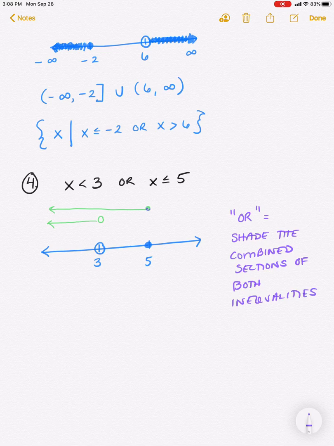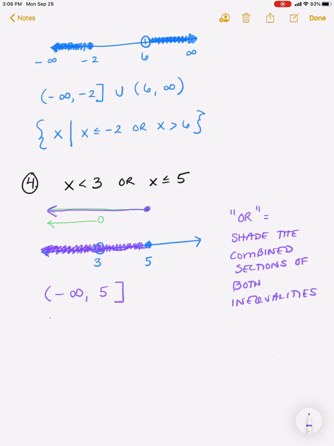And so both inequalities, so I'm going to shade everything less than 3, or I shade everything less than 5, which actually means I shade over that open circle. And so the combined sections of both of these is going to be everything from -infinity to 5. Okay, and so this right here is my shading. My interval notation would go from -infinity to 5 with a bracket.